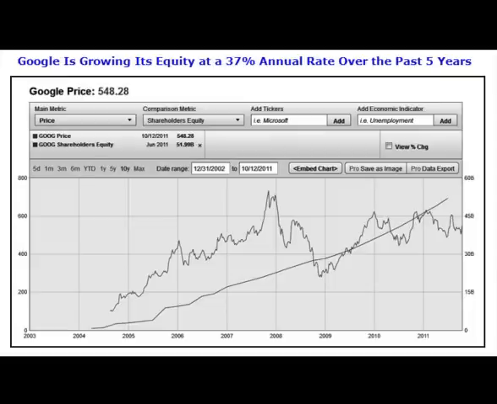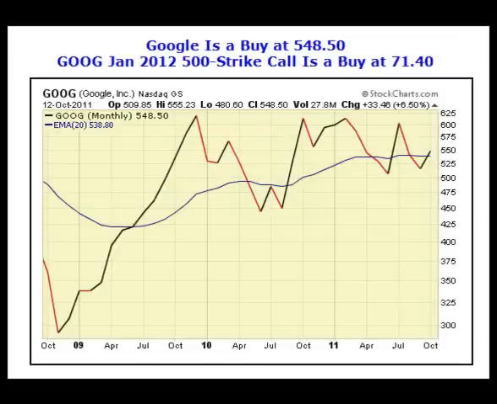And I'd like to look at one more company, Google, which has been growing its stockholders' equity at a 37% annual rate over the past 5 years. So strong stockholders' equity growth for Google. And Google is also in a price uptrend, as indicated by the 1-month price being above the 20-month EMA.